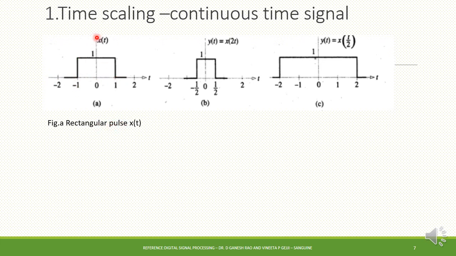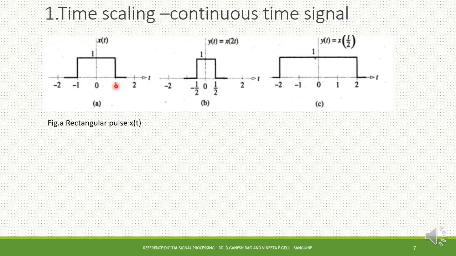We are studying time scaling on continuous time signals. In the first class, we studied that if t is there, it is a continuous time signal; x of t is a continuous time signal, and x of n is a discrete time signal. You have to remember that. Here this is t and this is x of t.